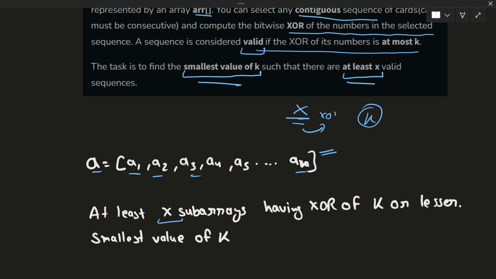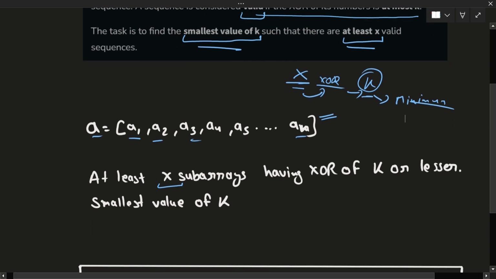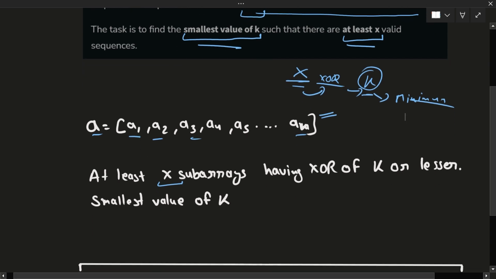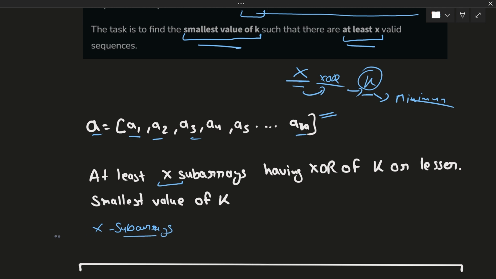XOR of that k, and this k needs to be minimum, right? We have to find a k such that it can have x subarrays, at least x subarrays.